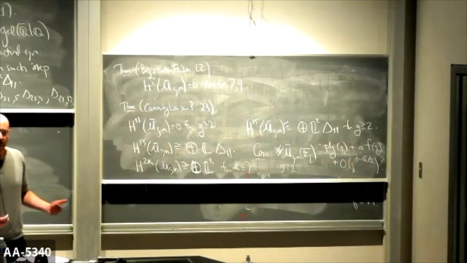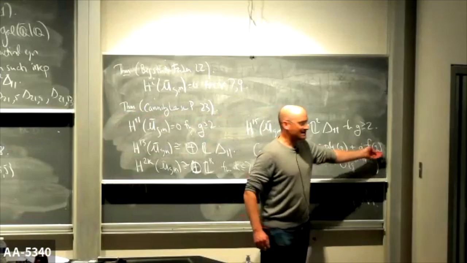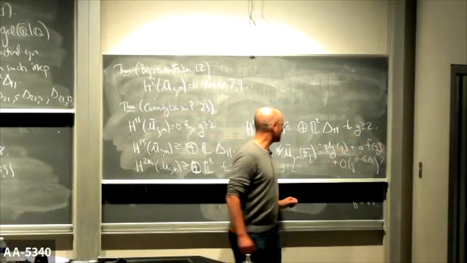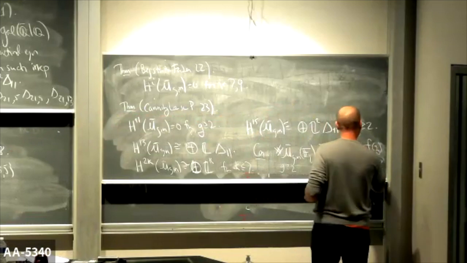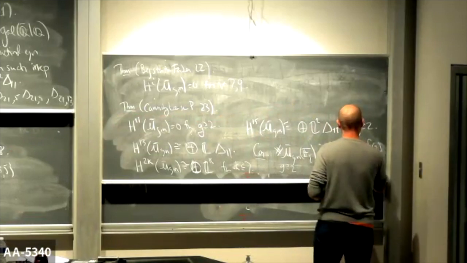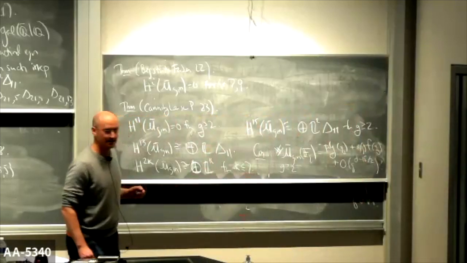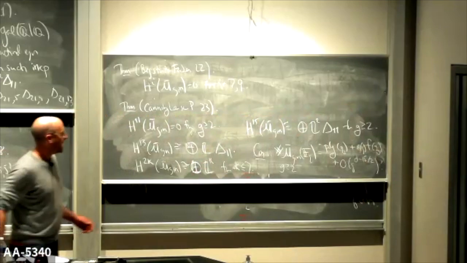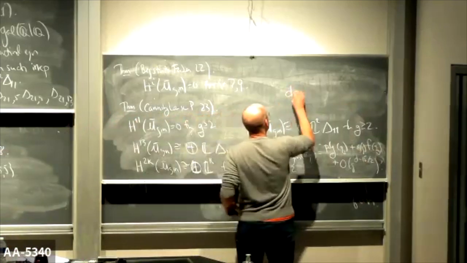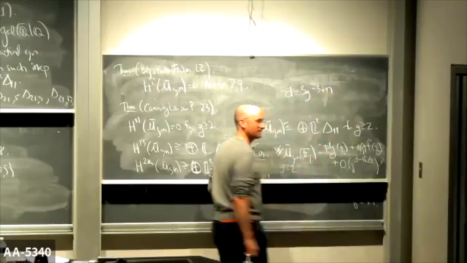So if you know the multiplicity of the Tate representation, this is a polynomial, and so this A(q) would be a polynomial in q. That's the twists of delta 11. D is the dimension, so D is 3g minus 3 plus n.